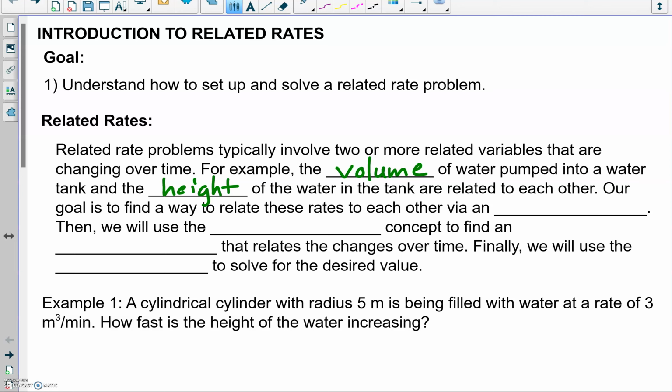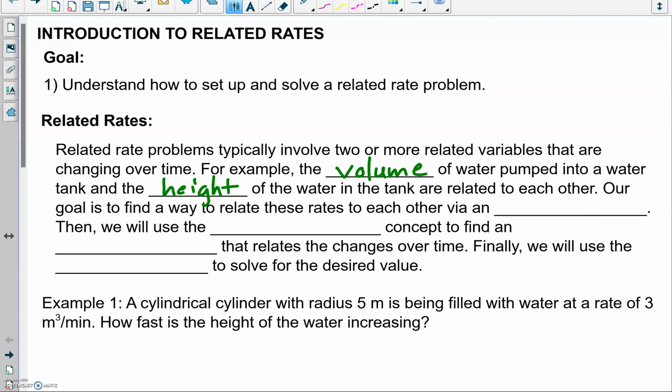The faster the water is pumping in, the faster the height of the water in the tank is changing, and vice versa. The slower it's going in, the slower the height is going to change. There are other things that go along with this example, but this is essentially what we're going to be looking at overall. We have maybe volume and height related, and we want to find the speed at which the height is changing. We'll see that in the first example that we're going to work out.